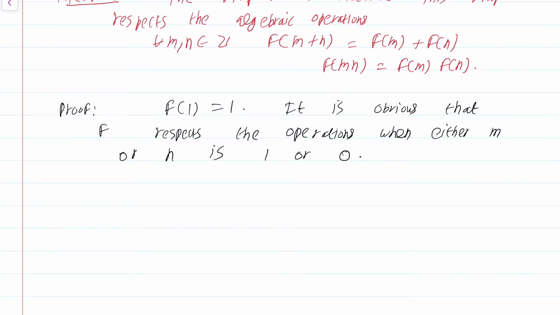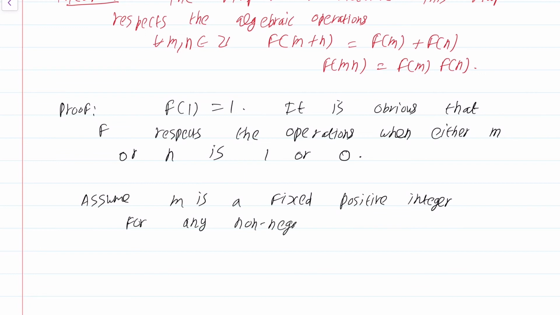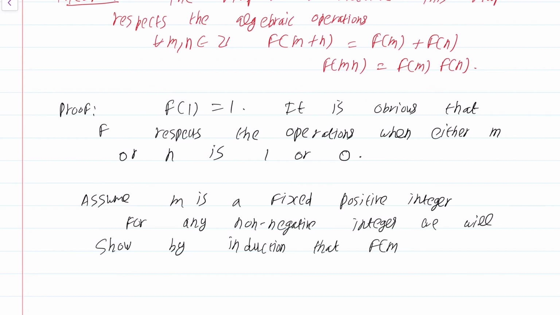Now what we will do is, since we have shown this for when m or n is 1 or 0, we will assume that m is a fixed positive integer, and then we will apply induction to show that for any non-negative integer n, f of m plus n is f of m plus f of n.